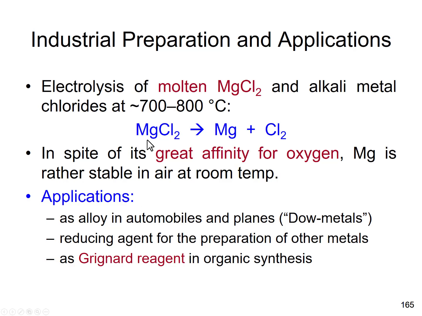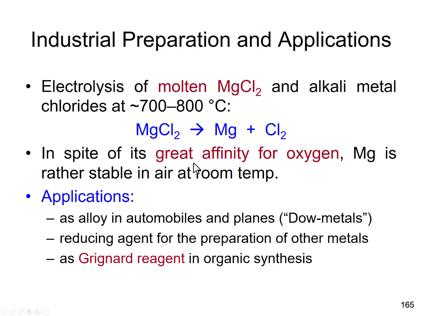Again, we have mentioned electrolysis, and in this particular case, you use molten magnesium chloride and you mix it with alkali metal chlorides to make use of the eutectic mixture. You conduct the electrolysis at around 700 to 800 degrees. And so you essentially just reduce the magnesium 2+ to magnesium, and you oxidize the chlorides to chlorine gas.